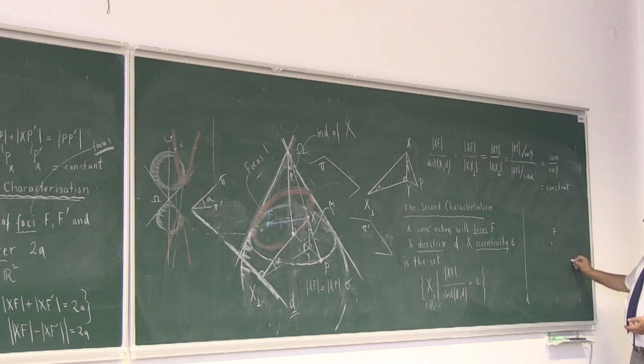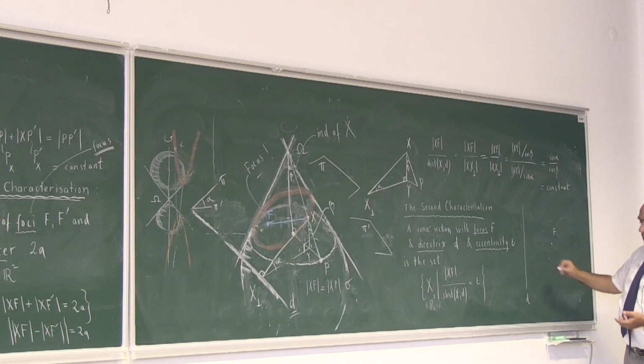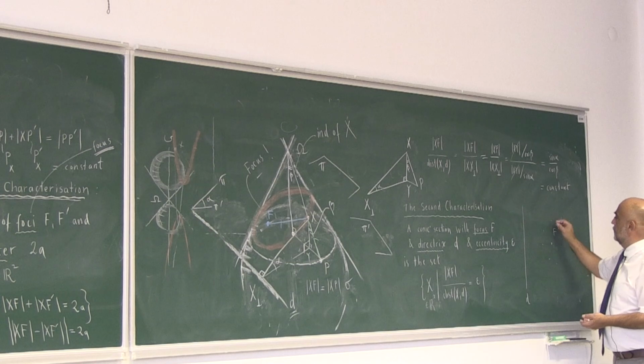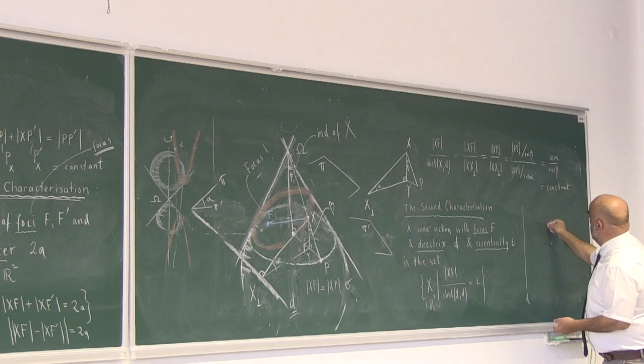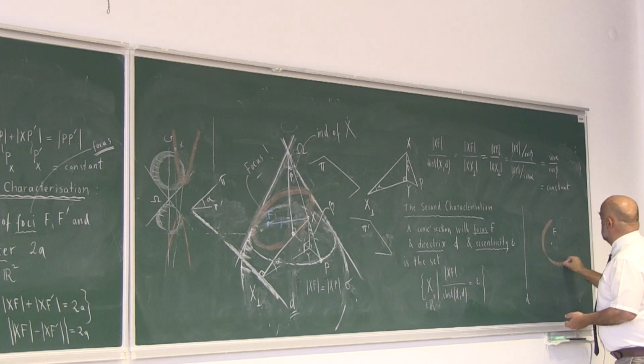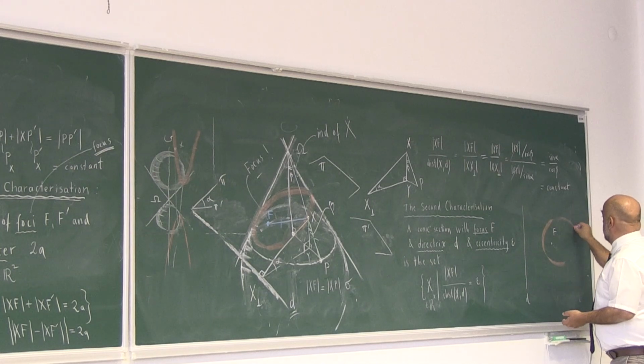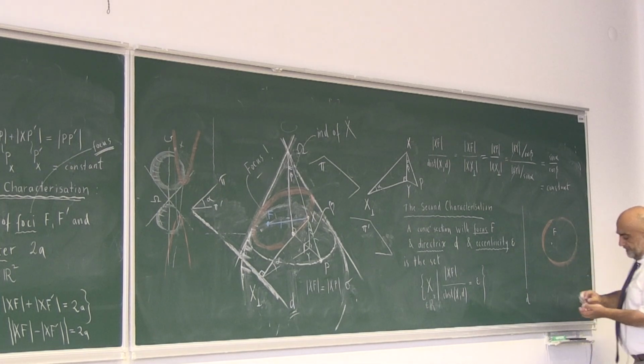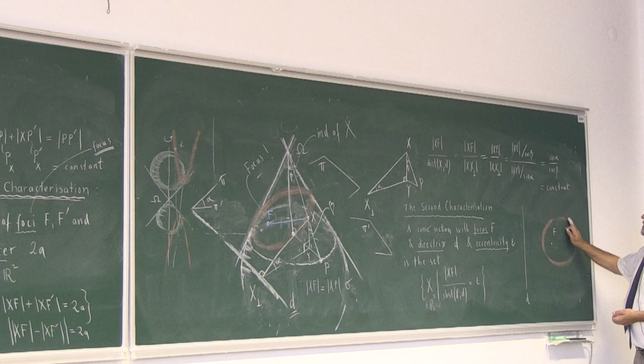So you can check that if you choose the eccentricity a half, what you will get is going to be something like this. So that's the curve with eccentricity equals a half.